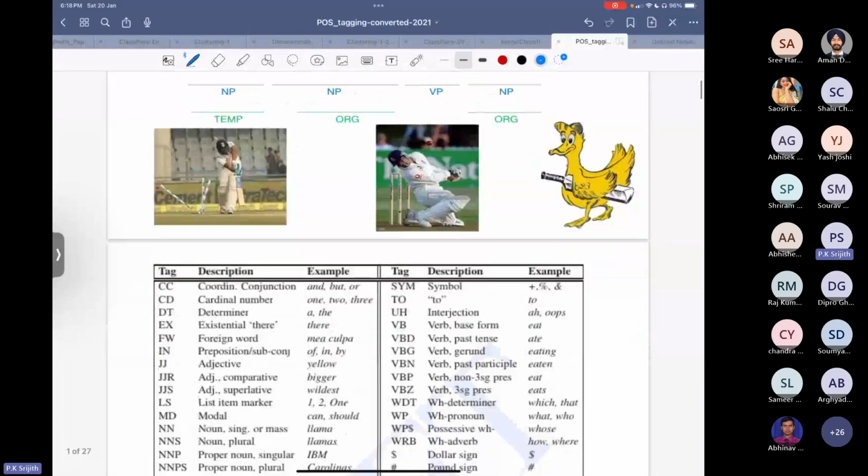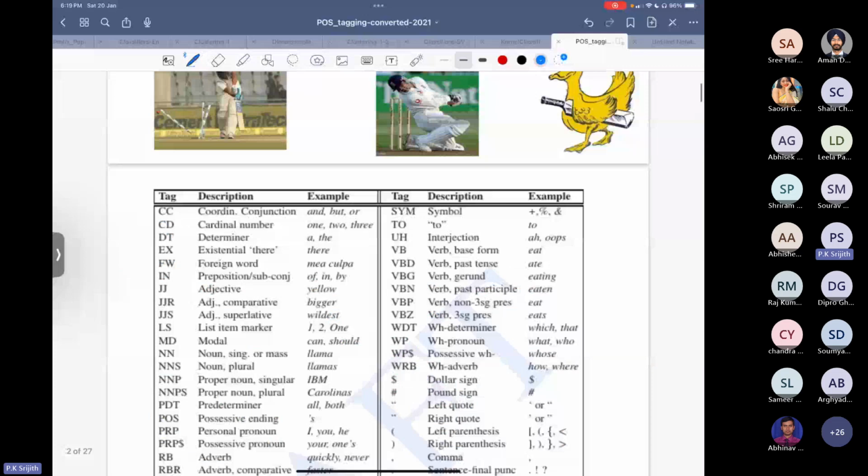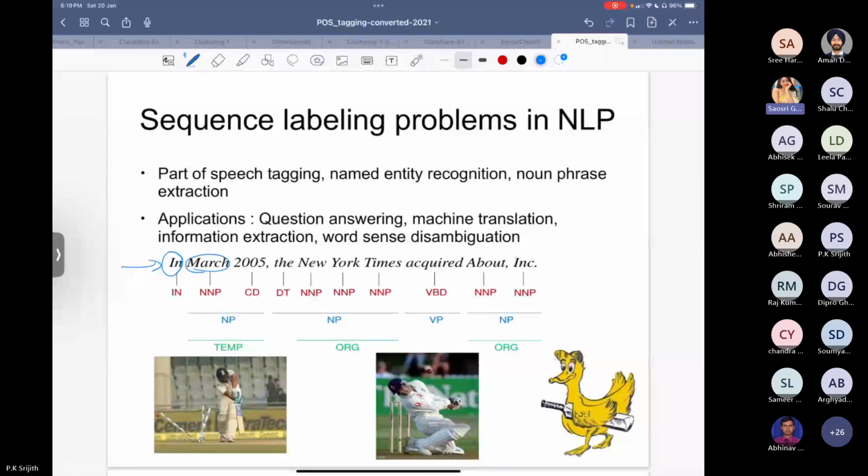I think generally in is a preposition, right? Yes, in is a preposition. In March, March is a noun, and it's a proper noun.